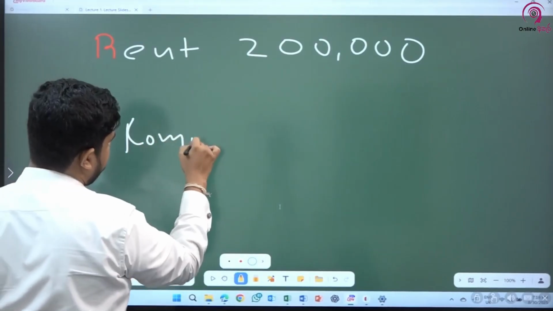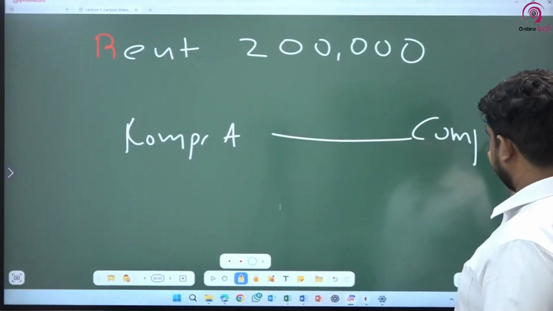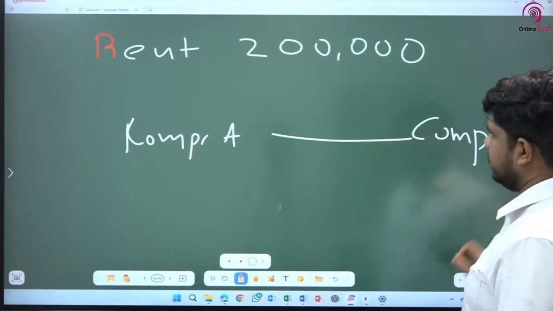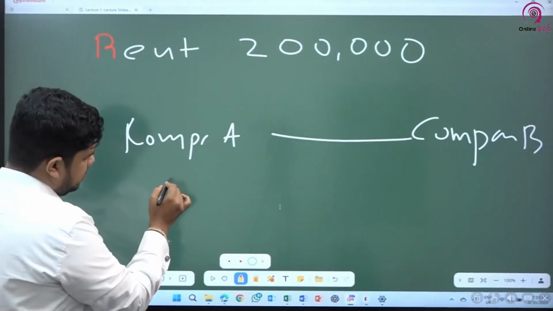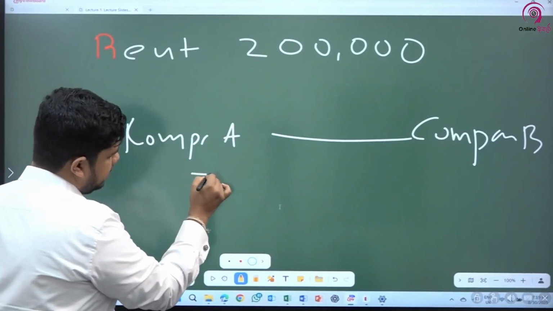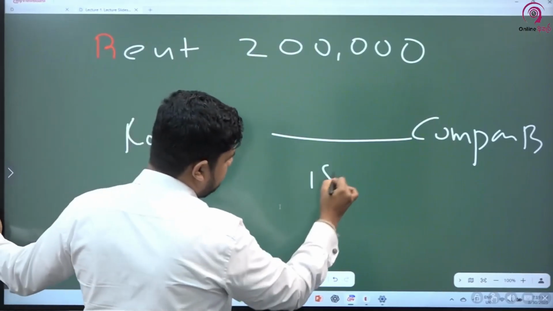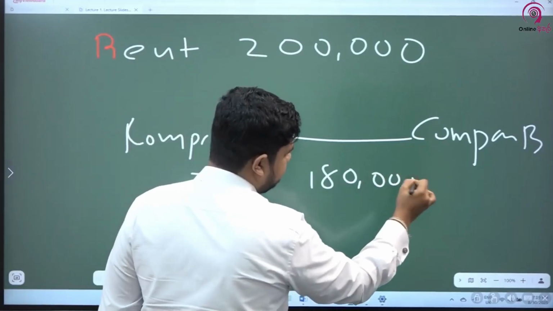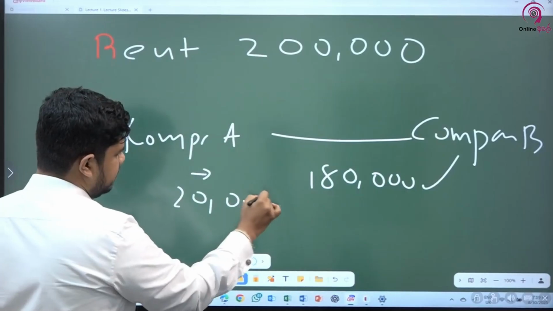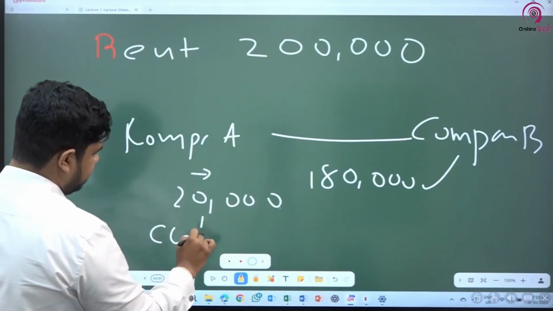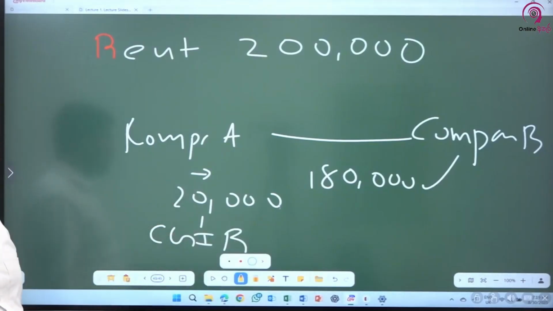Company A pays company B 200,000. What happens is it pays 180,000 to this person and 20,000 to CGIR as WHT. So that's very easy now.